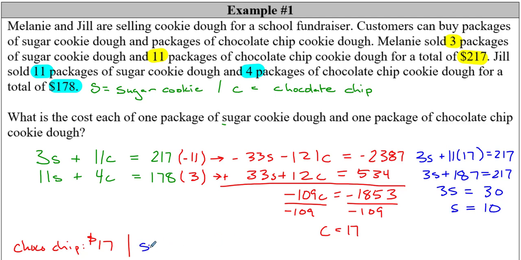So sugar cookie costs, we'll just say sugar, and this is going to be $10. All right, so this is type 1.